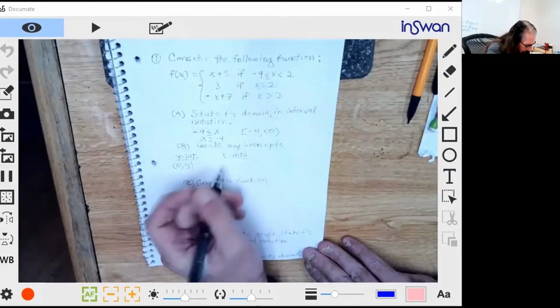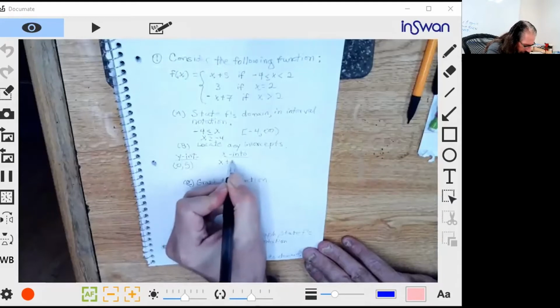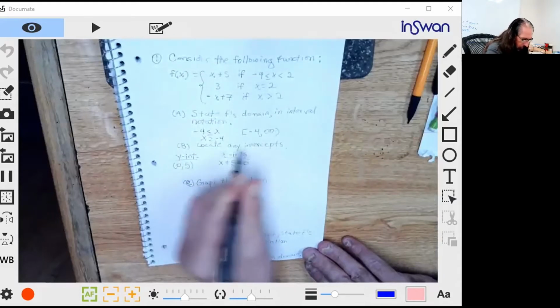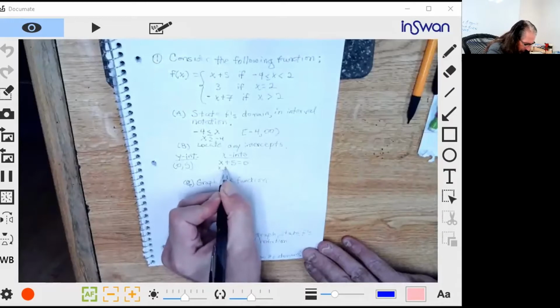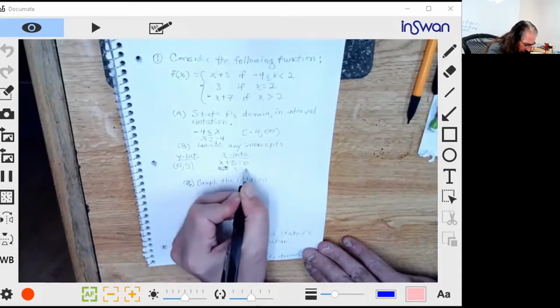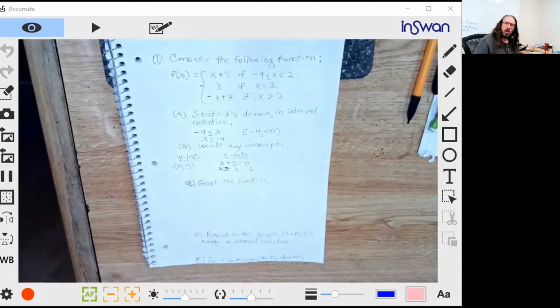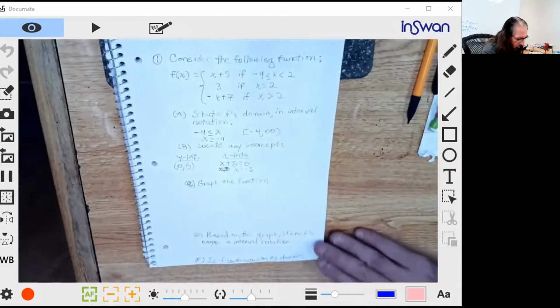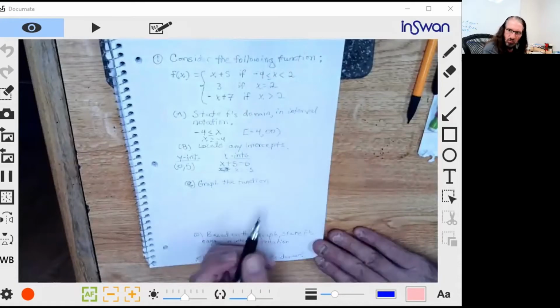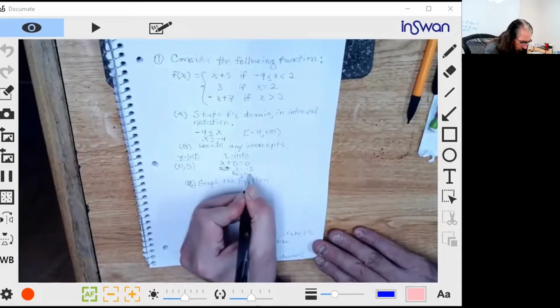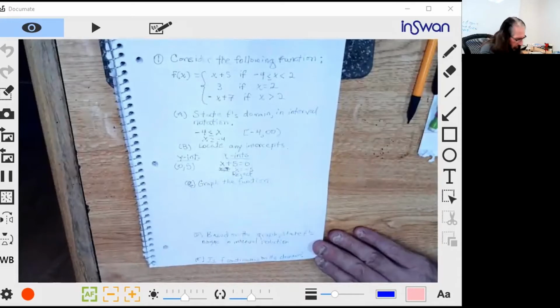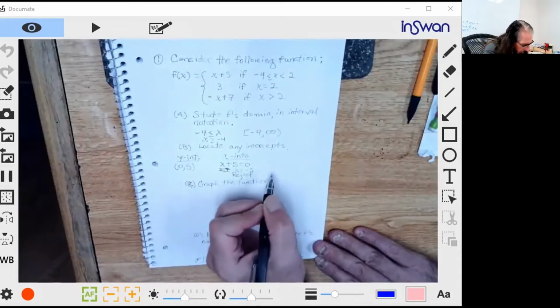We want to look on the first interval if we can ever have y equals 0. And there would be a solution to that equation, but -5 is not in the interval. It is one unit to the left of where it started, so we'll reject that.